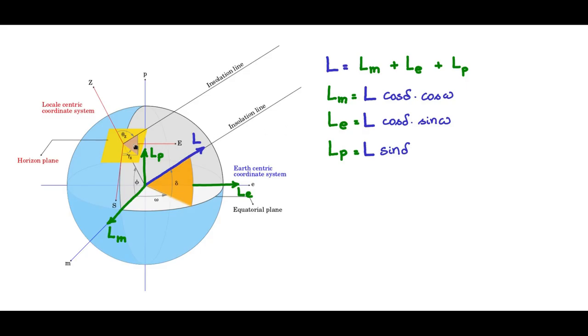This assumption is valid in the sense that the radius of the earth is very small compared to the distance from the sun, and without loss of generality we can push this coordinate system and make it merge to the center of the earth.